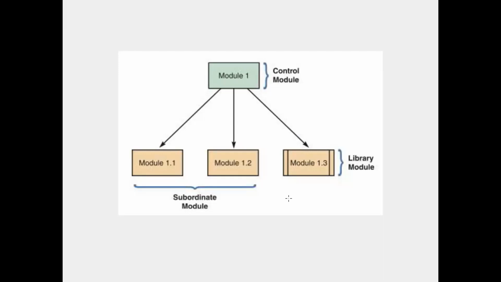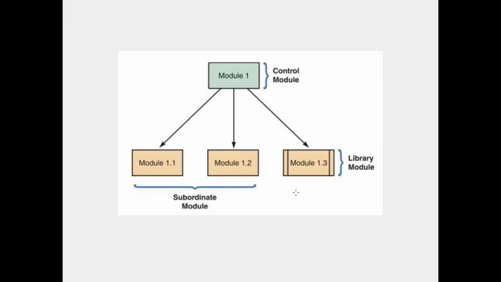Here is an example, the module design. Now, in this particular case, you can see the module 1 will be your control module, and there are parts, module 1.1, 1.2, and 1.3 as well.